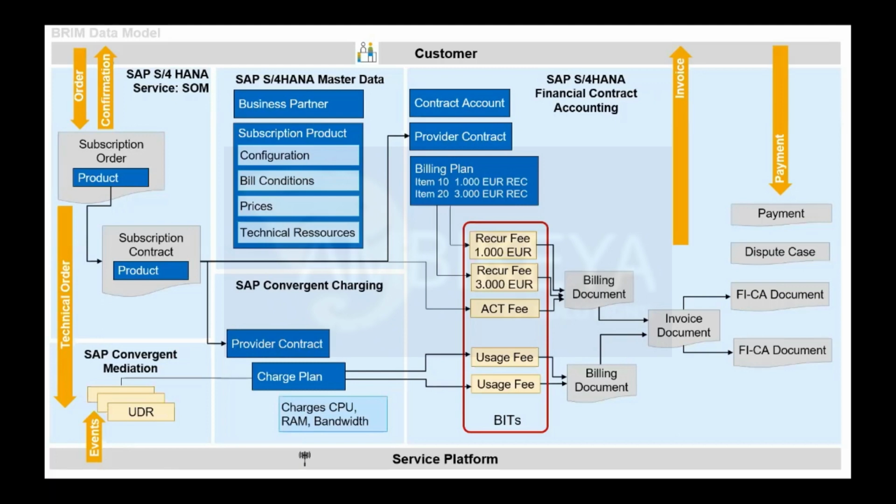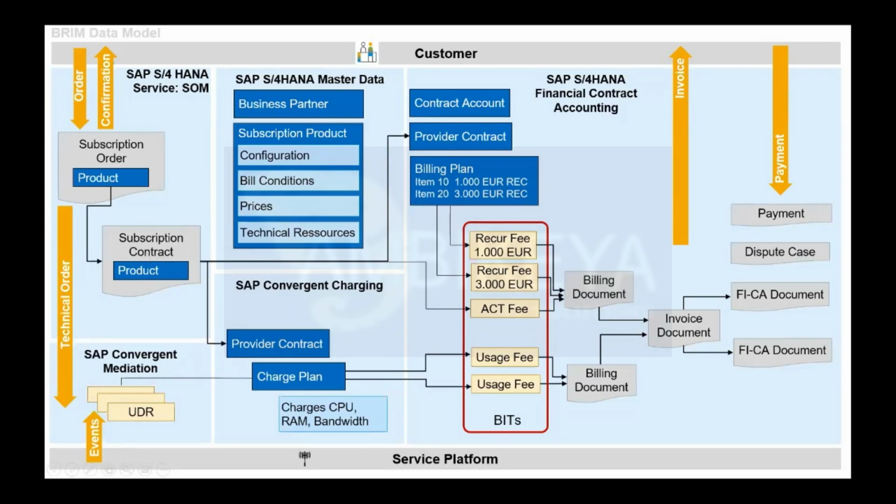In this variant configuration, you can select the service level of the product, in our training example between pay-as-you-go, silver, and gold. After the configuration, we submit the subscription order and get a subscription contract.